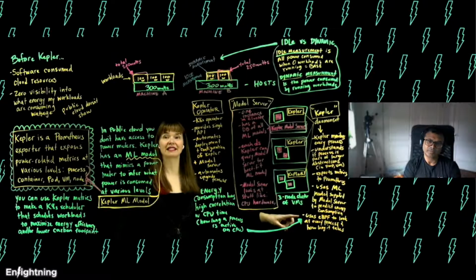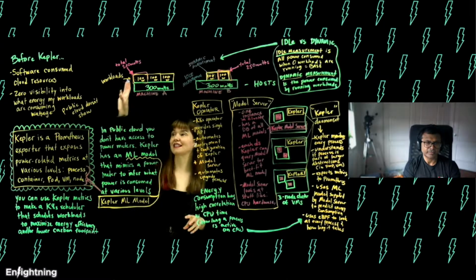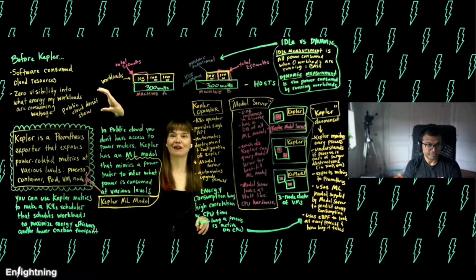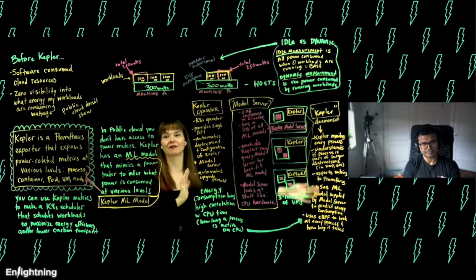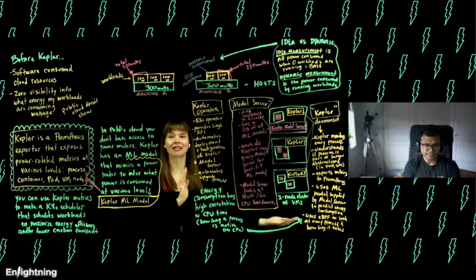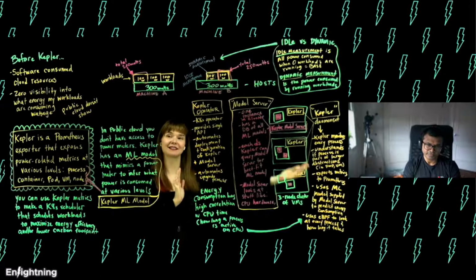So it uses that to get an even better picture of what energy is being used. So we take this opaque idea of public cloud, where we don't know what's going on, and now with machine learning, eBPF, and the Kepler daemon set, we can get visibility into the energy use.